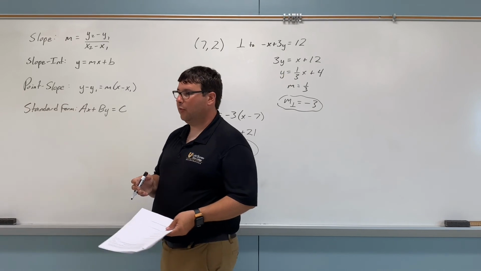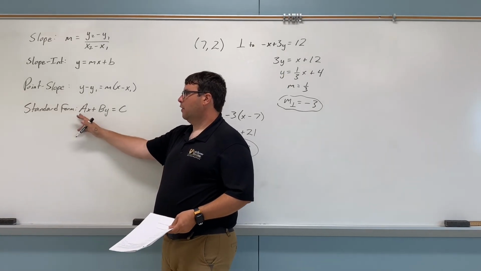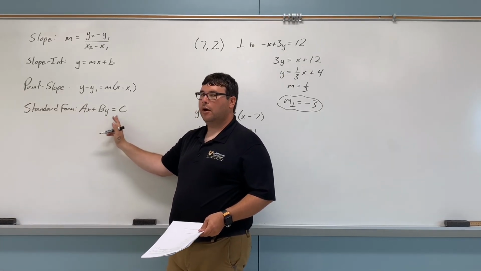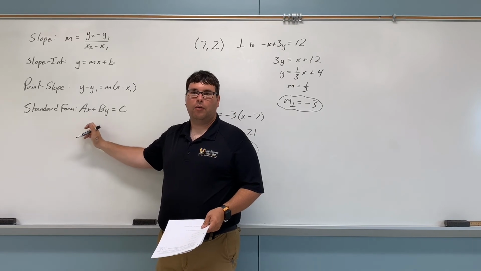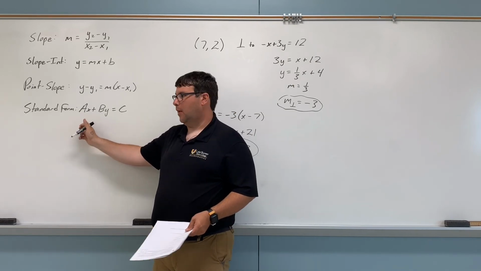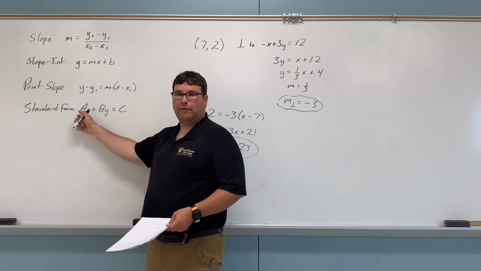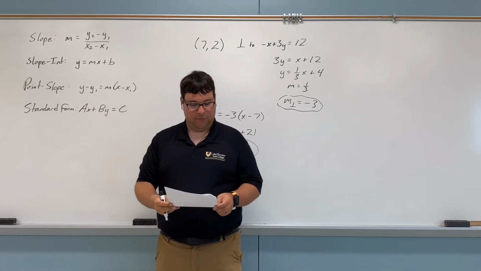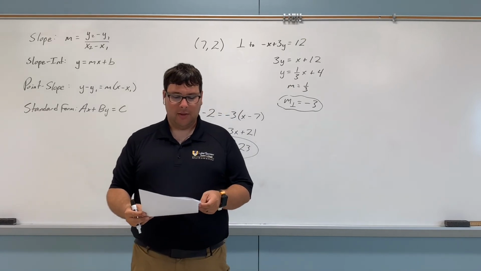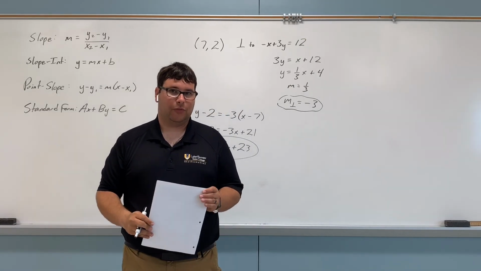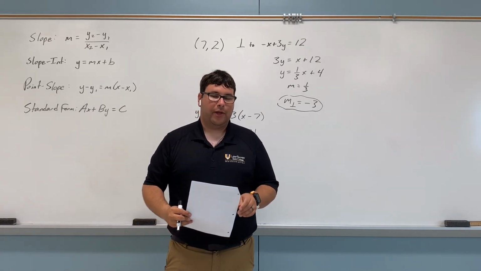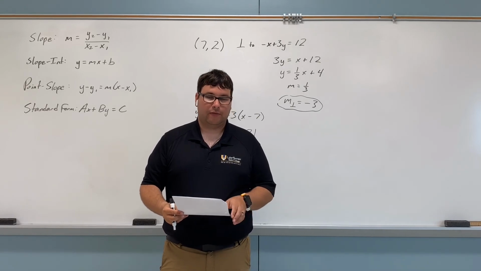If you are planning to write in standard form, just note that A, B, and C here are constant values. They are whole number values and integer values, so you're not going to have fractions or decimals through these 3 different values. But that concludes our lecture for 3.5. I plan to go into 3.6 here in just a few moments.